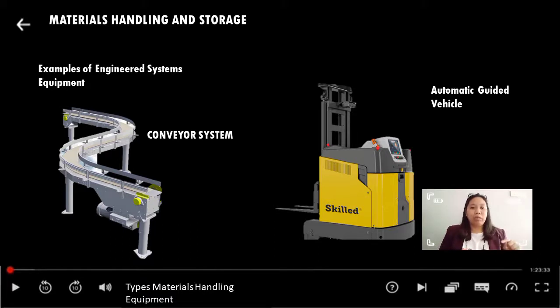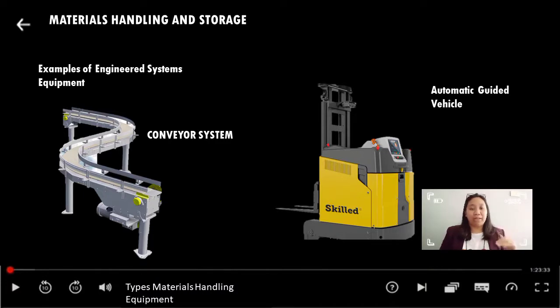Kasi katulad sa conveyor system, hindi kaya ng isang tao na mag-gather ng thousands of products in an hour or in a minute, which a conveyor system can do.